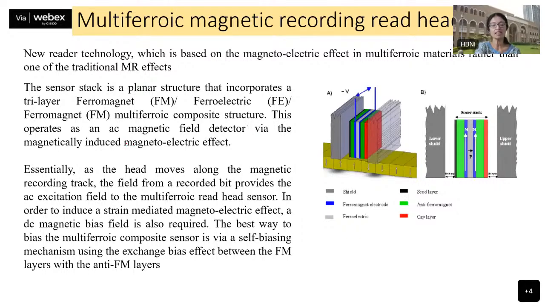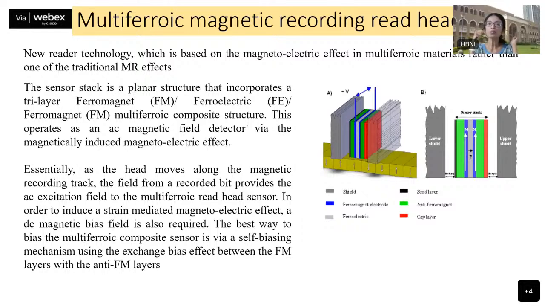This operates as an alternating magnetic field detector via a magnetically induced magnetoelectric effect. There's too much technical jargon here, but essentially, as the head moves along the magnetic recording track, the field from the recorded bit provides an AC excitation field to the multiferroic readout sensor.